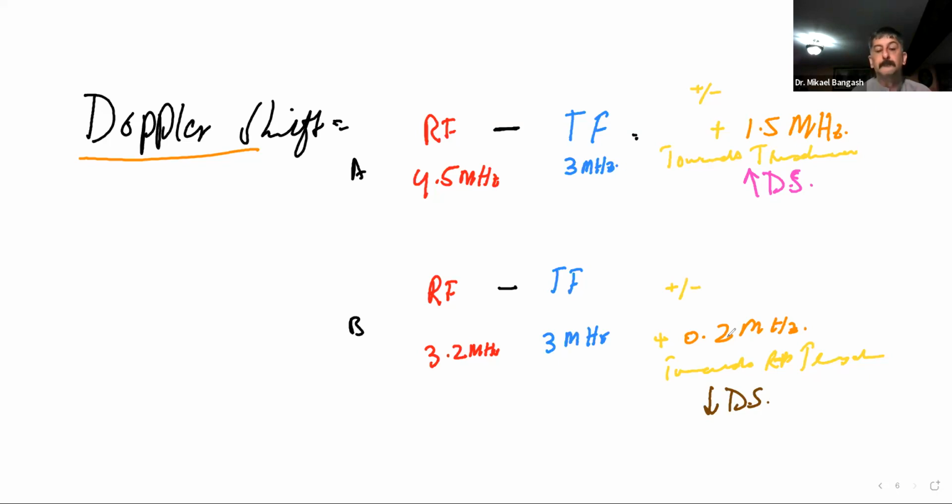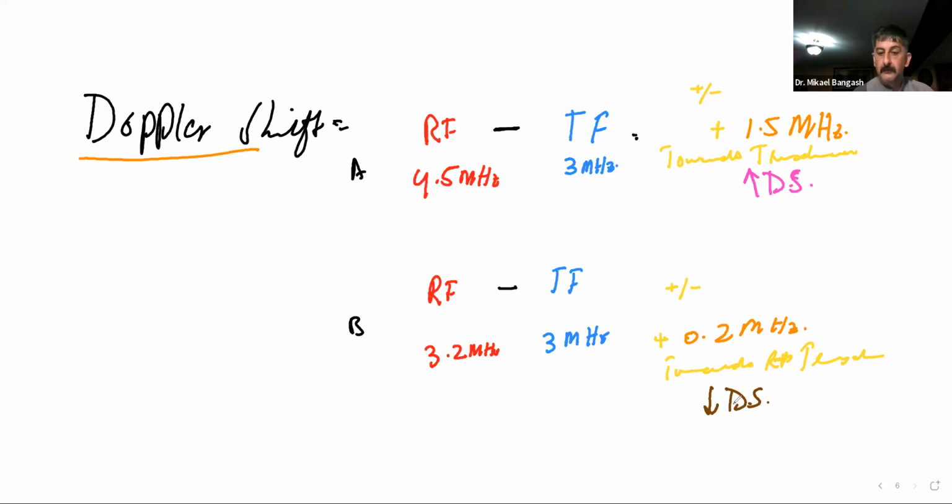Did you girls get that? Yes. Right, okay. Now, 1.5 megahertz is a great Doppler shift, or 0.2 megahertz is a low Doppler shift.